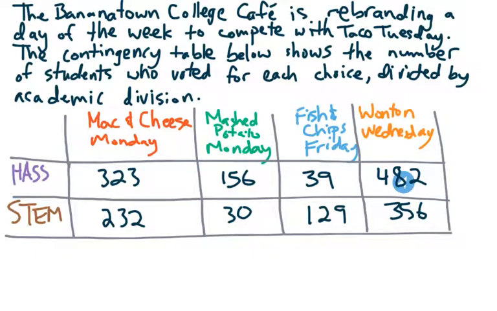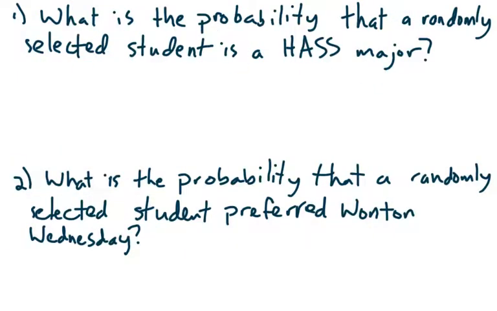Once we find out how many Haas students we have altogether, we can figure out how many students we have total. So STEM majors plus Haas majors is going to be the total number of students in the survey. We'll need the number of Haas students and the number of total students to answer this question.